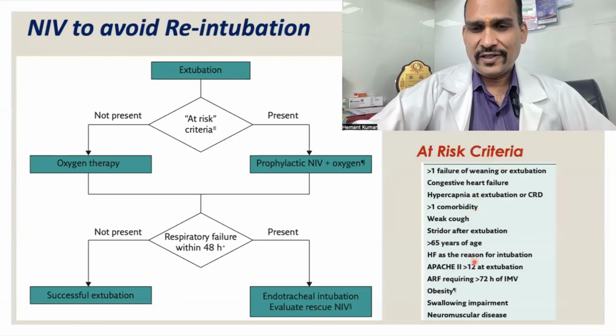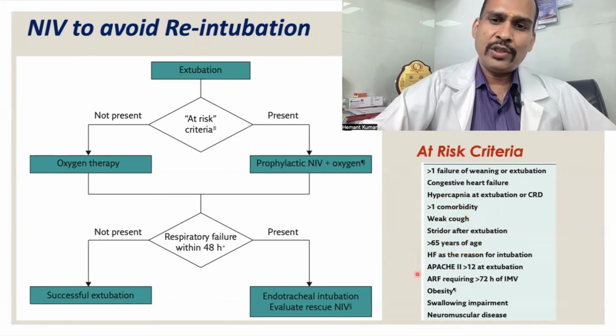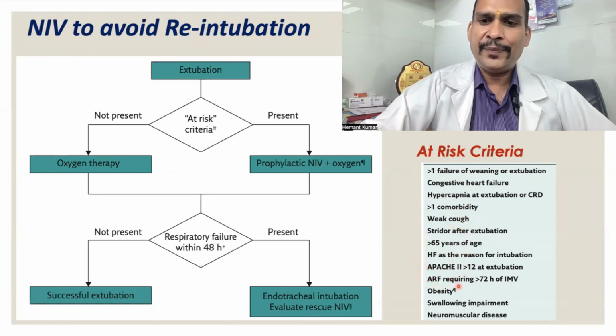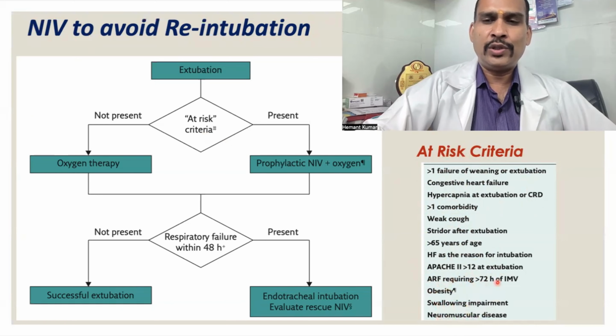These are the risk factors. If the patient has more than one failure of weaning or extubation, congestive heart failure, hypercapnia, or comorbidity, weak cough, stridor, age more than 65 years, heart failure, APACHE II score more than 12, acute respiratory failure, obesity, swallowing impairment, neuromuscular disease.